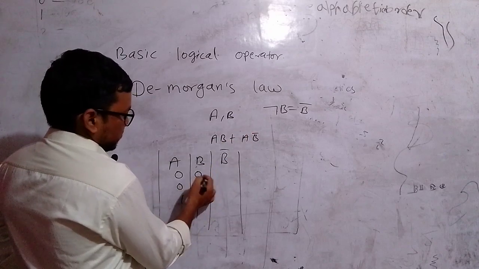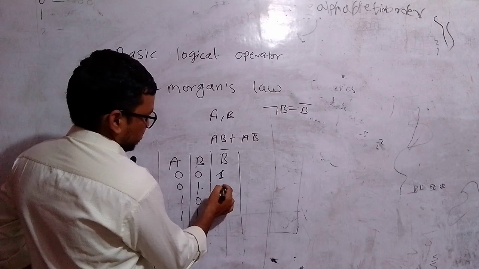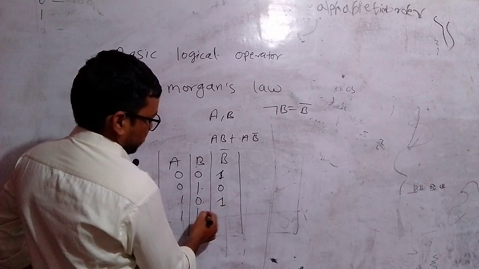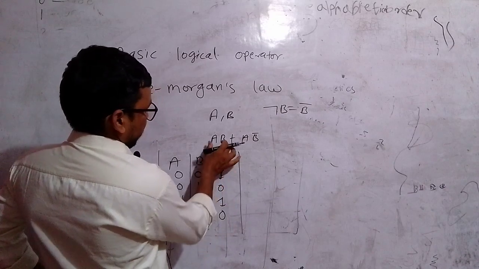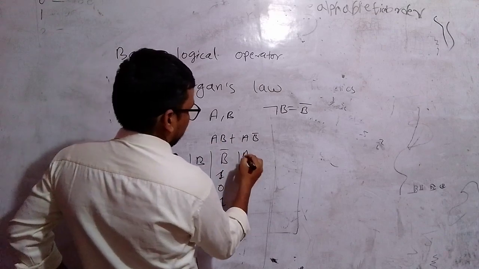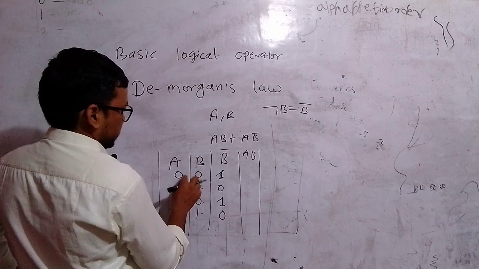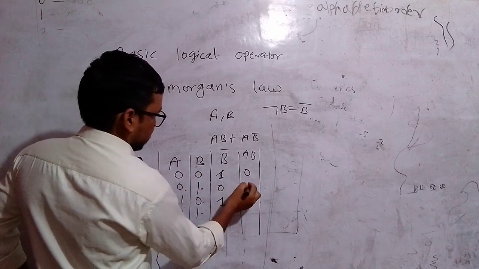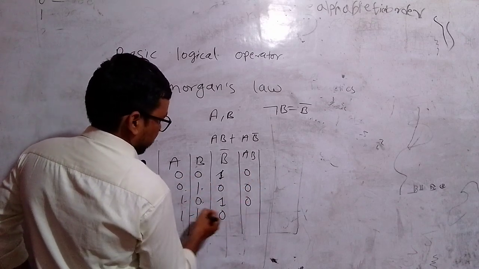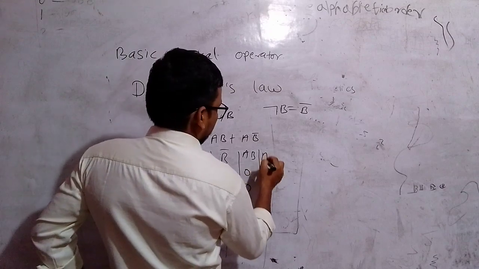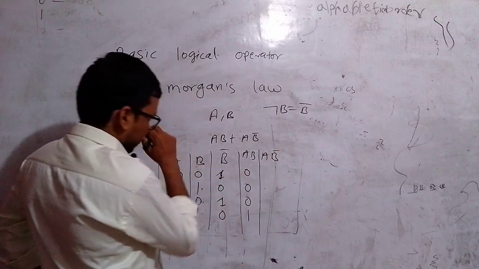In the complement of B, 0 changes to 1, 1 changes to 0, 0 changes to 1, 1 changes to 0. Now, A dot B: 0 dot 0 is 0, 0 dot 1 is 0, 1 dot 0 is 0, 1 dot 1 is 1. Then AB complement.